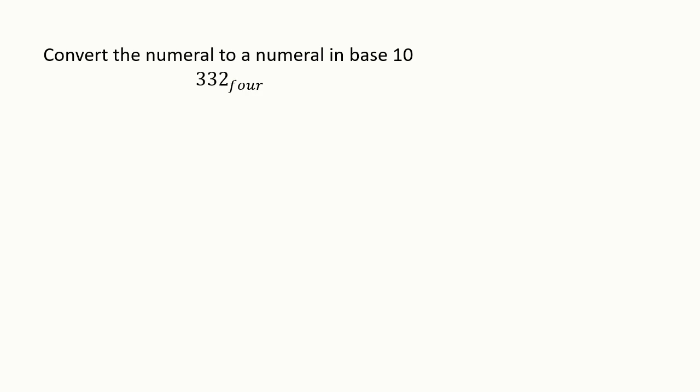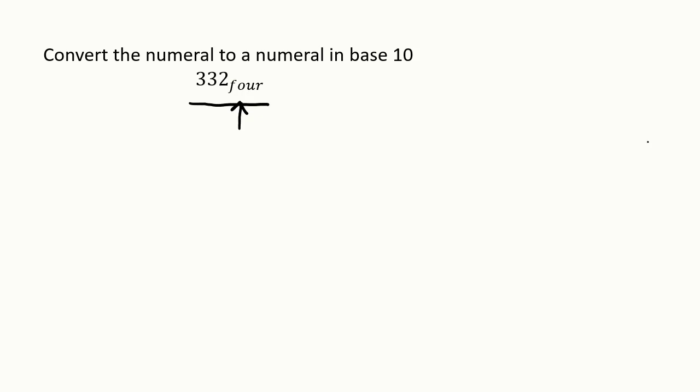Now to convert the given numeral to a numeral in base 10, this given numeral is 332 base 4. When we make conversions from given bases to base 10, what's important for us to know is how many places are used in that numeral and what that base system looks like. So here, our number 332 base 4, we have a base 4 system and we have 3 place values.